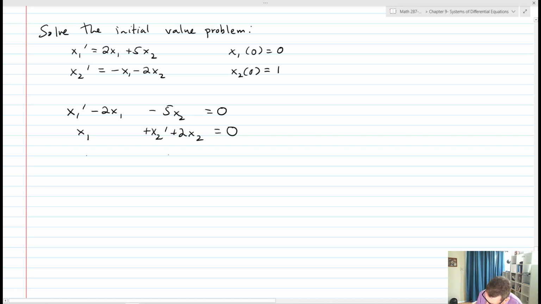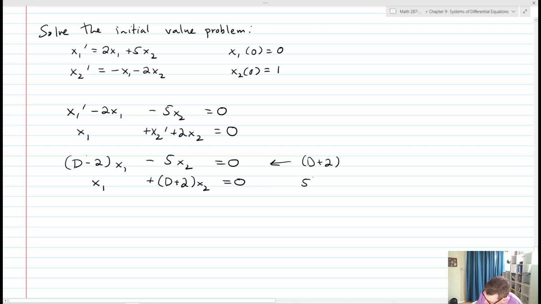Rewriting that as operators, that's going to give me D minus 2 x1 minus 5x2 equals 0. And then just x1 plus D plus 2 x2 equals 0. Now, on the top, I'm going to operate by D plus 2. And on the bottom, I'm going to multiply it by positive 5.